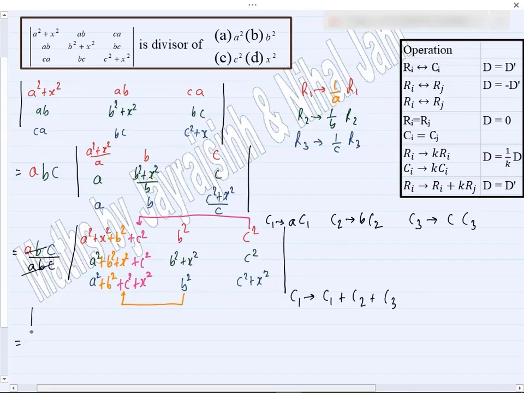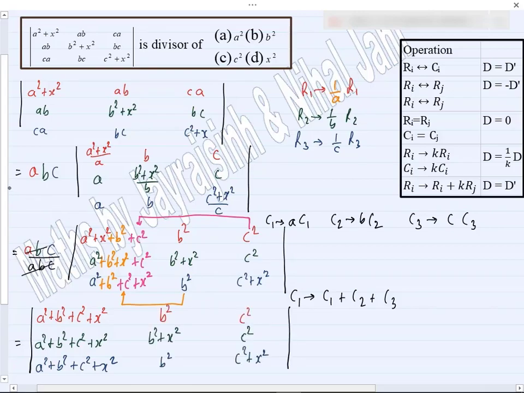So here our simplified determinant will have a square plus b square plus c square plus x square, and the same quantity we will get in the rest of the two terms, right? Okay, and the rest of the two columns will be as they are.